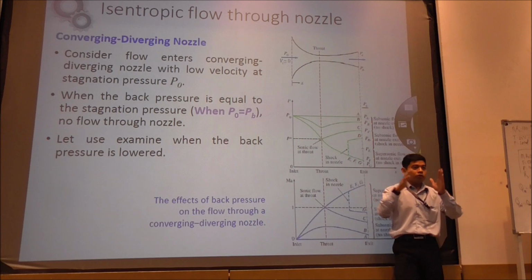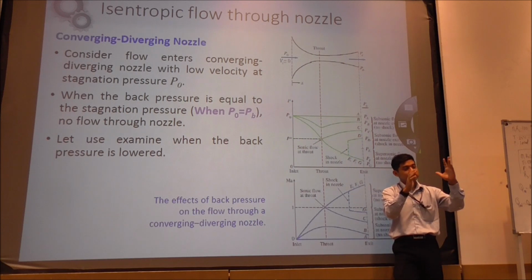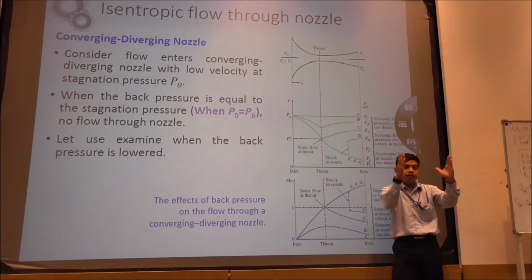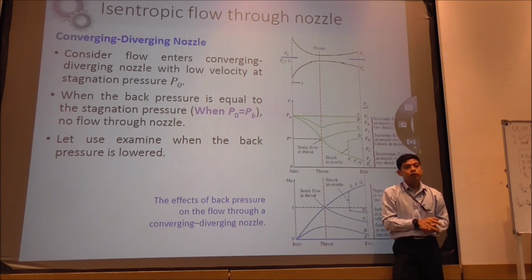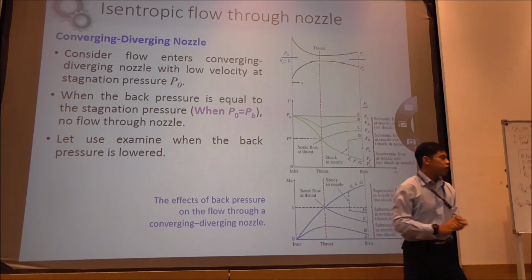Okay? So before the shock wave, you will have a supersonic flow. But right after the normal shock, you will have a subsonic flow because there is a sudden increase in pressure.